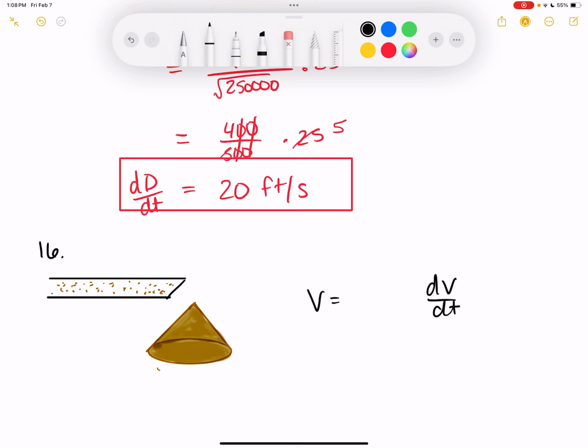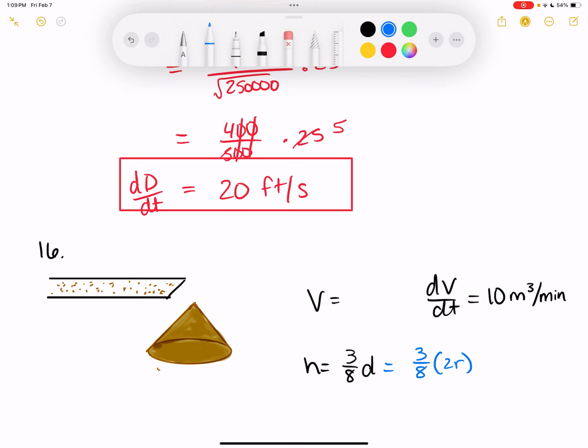Alright, dV dt. We are told that it's falling from the conveyor belt at a rate of 10 meters cubed per minute. Now the height is 3/8 of the base diameter, so 3/8 D, which is 3/8 times 2r.